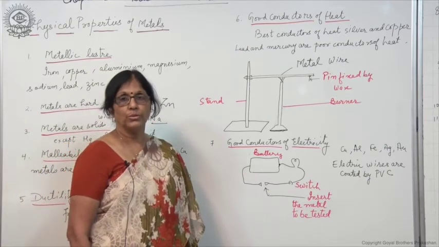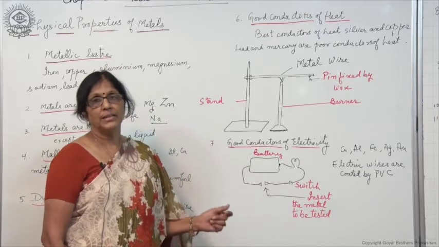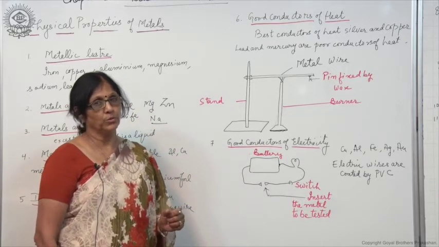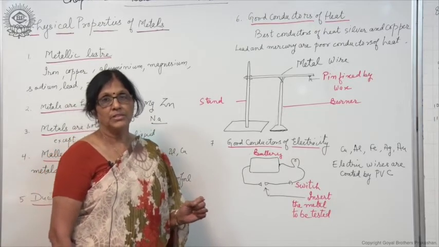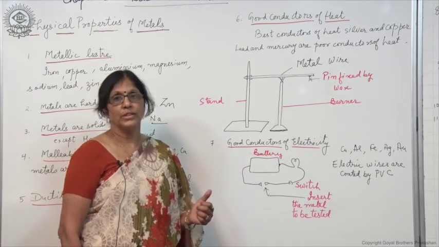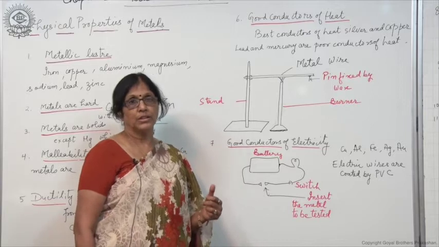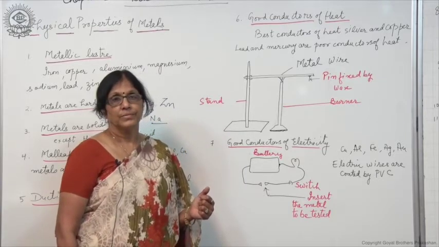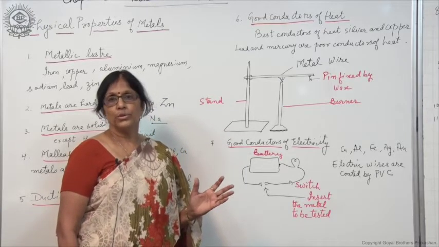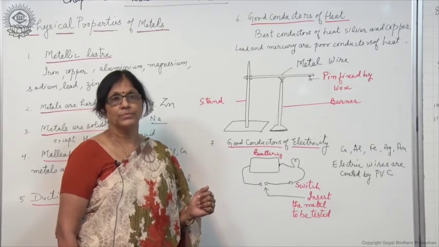What does it show? It shows that metals allow the heat to pass through them. That is, the metals are good conductors of heat. So, most of the metals are good conductors of heat. Now, have you seen the cooking utensils in the house?